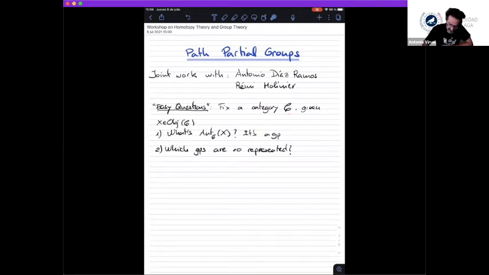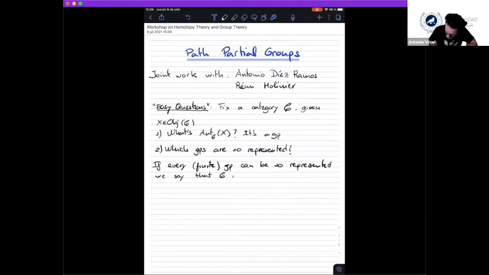That deserves a special name: if every finite group can be so represented, we say that C is finitely universal.